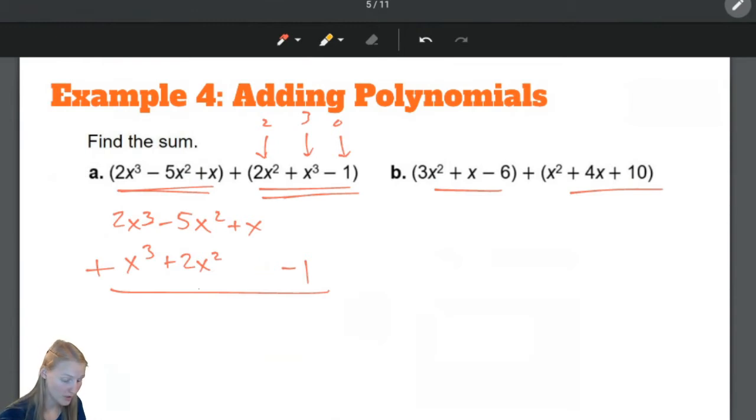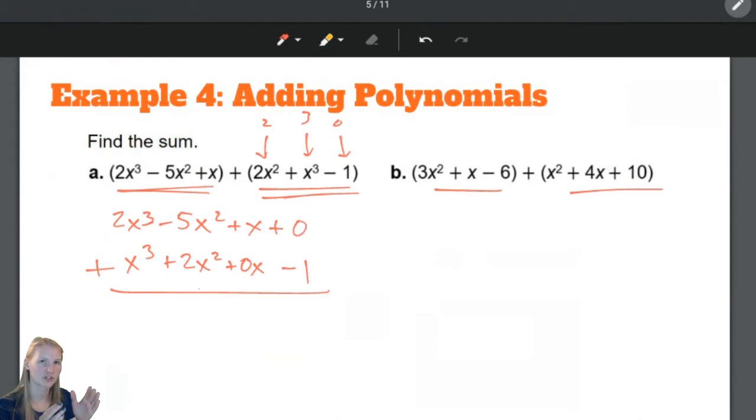So if you want, you can actually write in plus 0x. That's kind of confusing for me sometimes, so I just leave a space. But if you're like, no, I need something here, you can write 0x, and up here you can write plus 0. Because plus 0, remember, it's the same thing whether that is here or not.